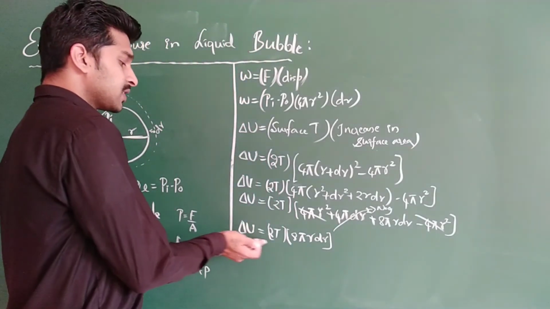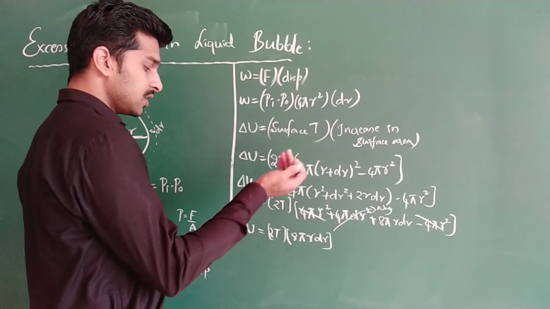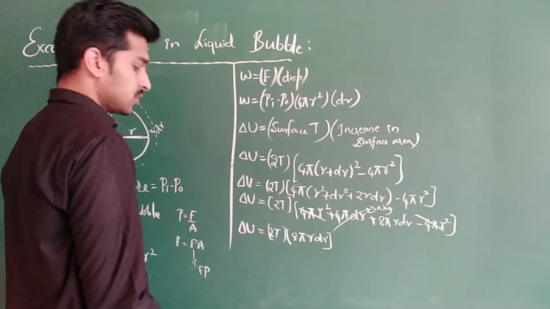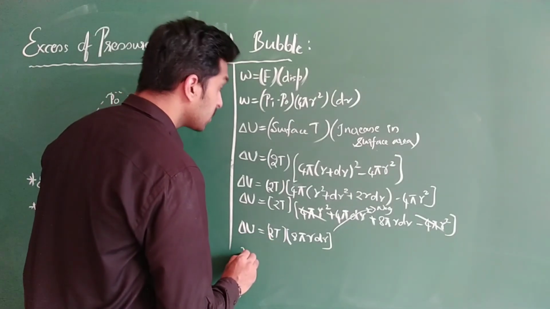So this much potential energy is there. That's why it is doing this much work. So just equate both the things.